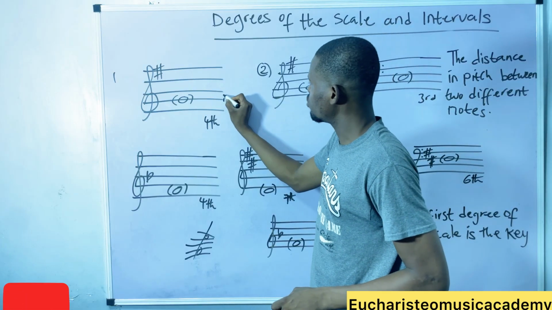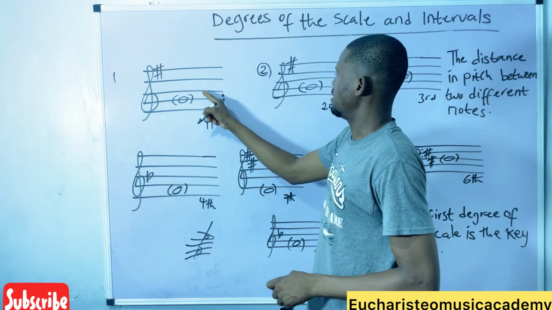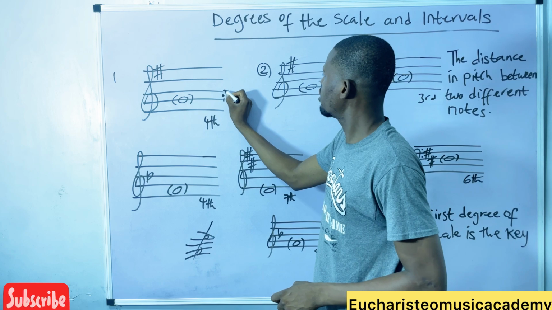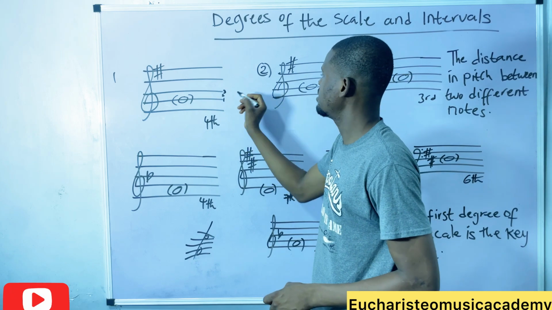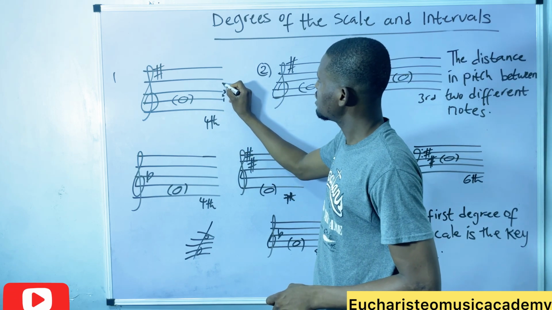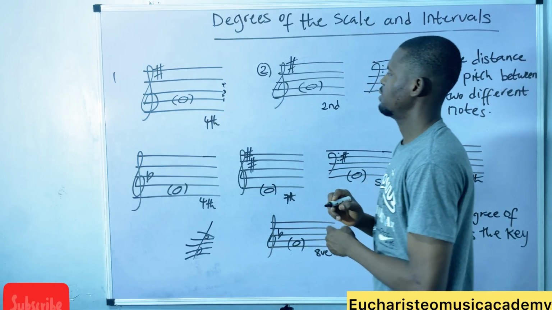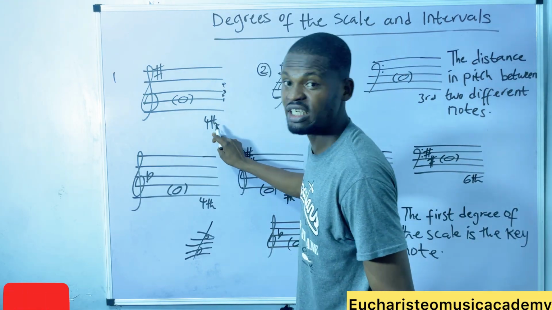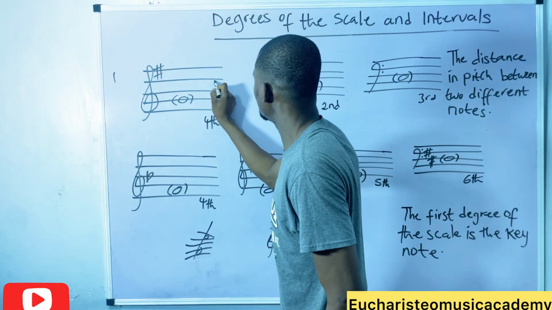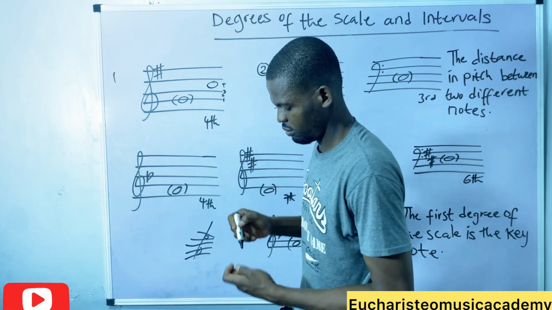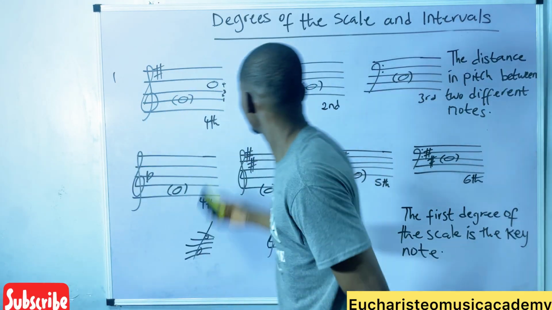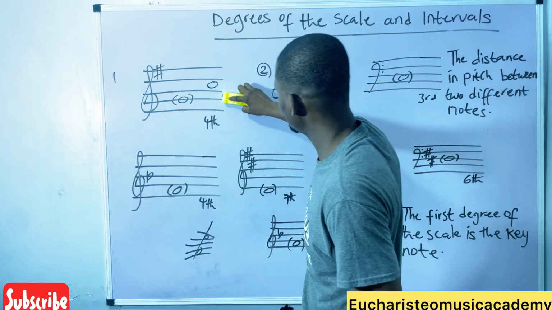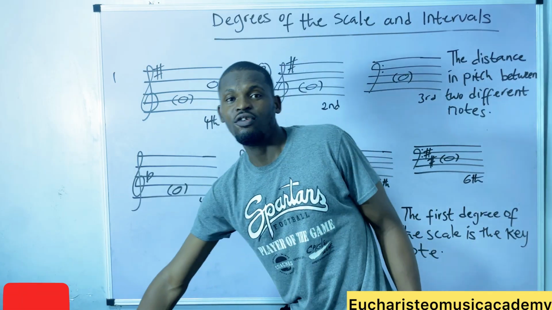Then the space will be number two. This line will be three. This space will be fourth. So we come to this fourth degree, because they say fourth, and we draw the semibreve. That's all.